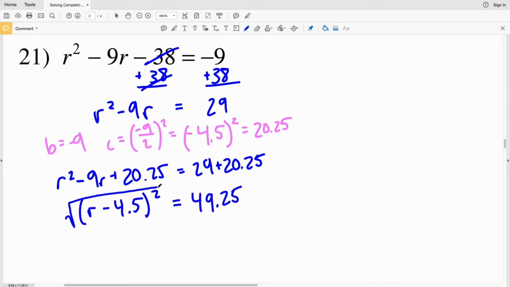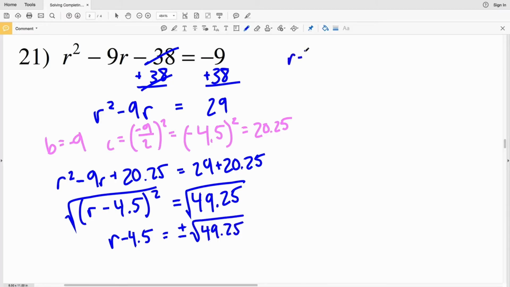So now I'll take the square root of both sides to get that r minus 4.5 will equal a positive or negative square root of 49.25.